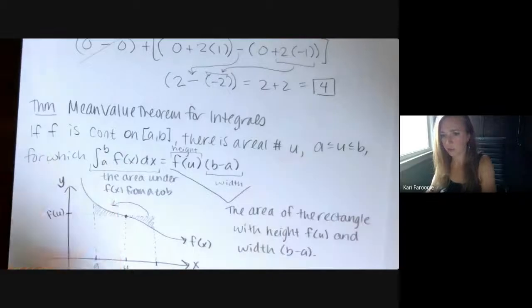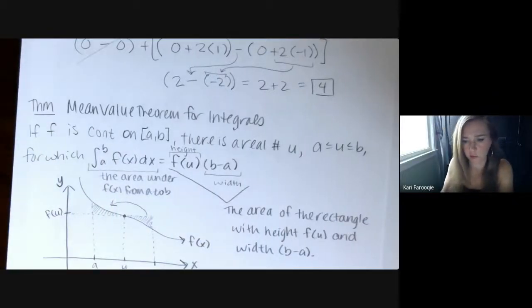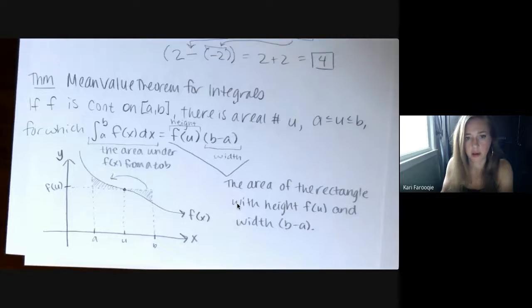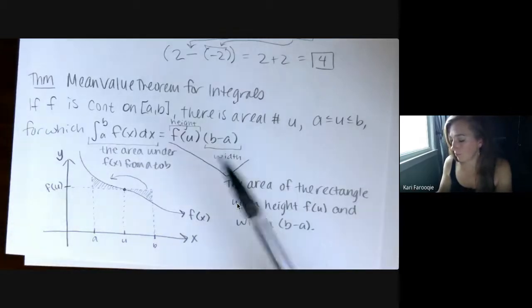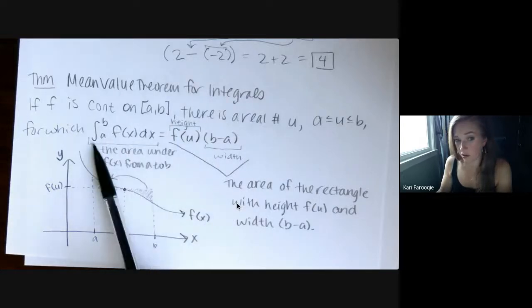Okay, so I'm going back to Isabella's question about this f of u times b minus a business. The deal with using the b minus a, the way that you're talking about it, Isabella, is that would be the value of the definite integral.